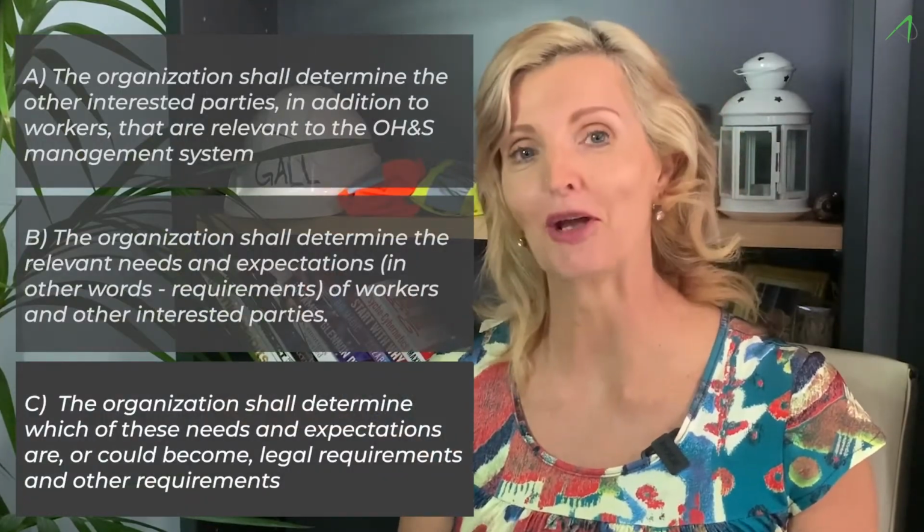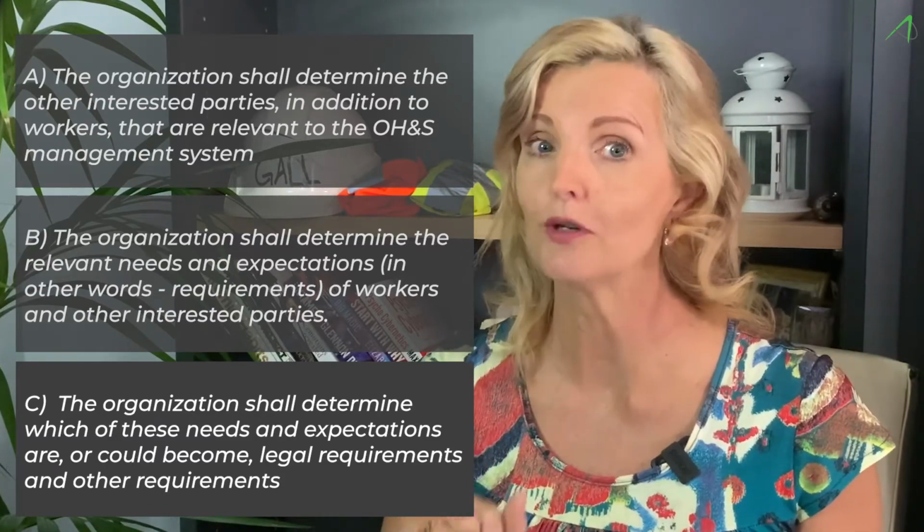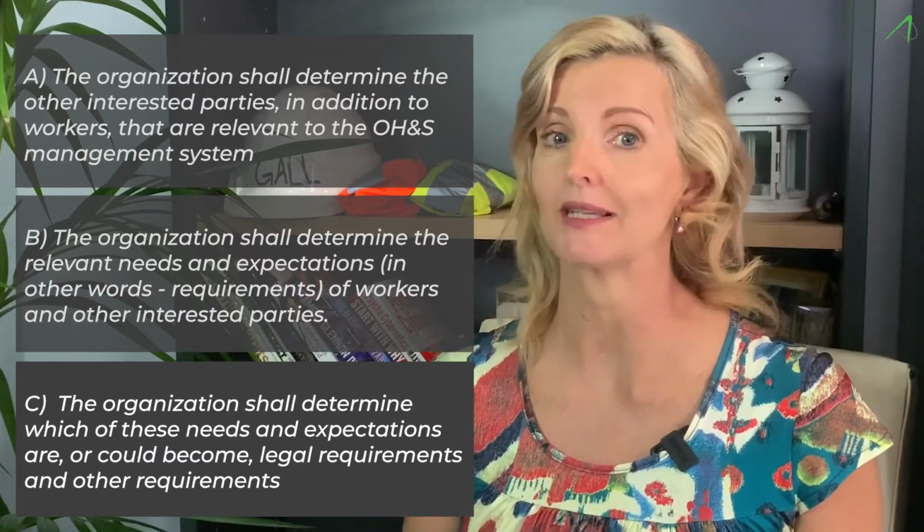And it states that the organisation shall determine which of these needs and expectations are or could become legal requirements and other requirements. This should be a natural process from the work you've completed for points A and B. See, the standard doesn't make it that hard for us.